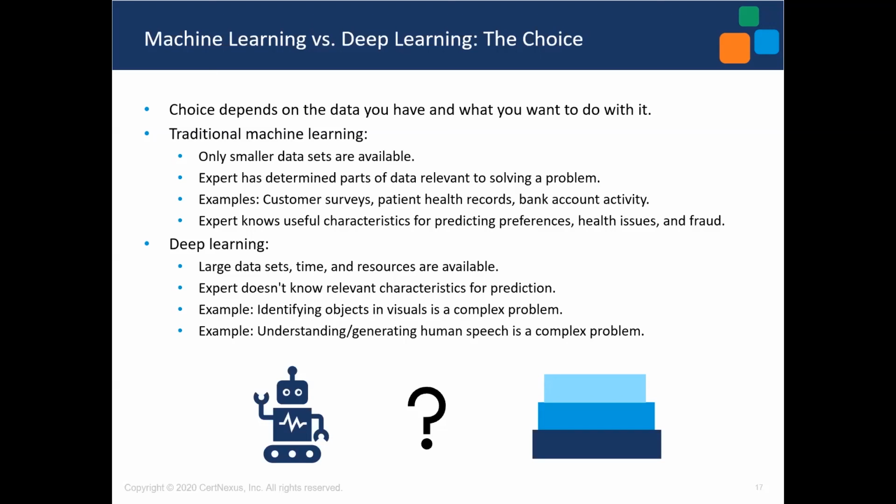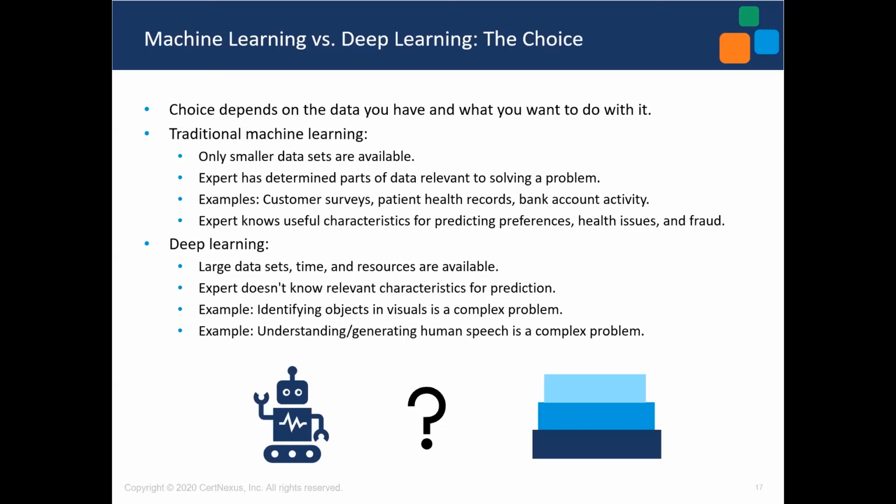And then, do you need to help solve the problem? As an expert, do you have the data, or are you able to help label or solve for what some of the items are? Or is it something where the expert doesn't know, and you're really asking the deep learning algorithm to solve for that?